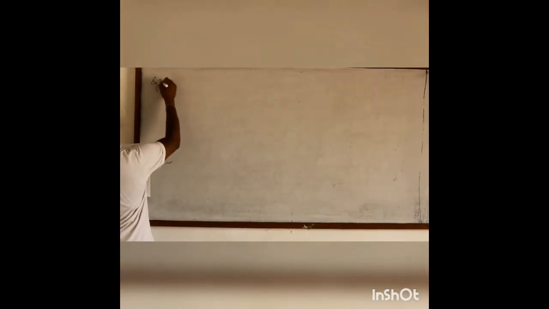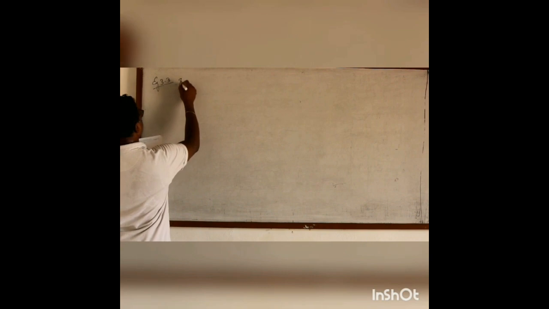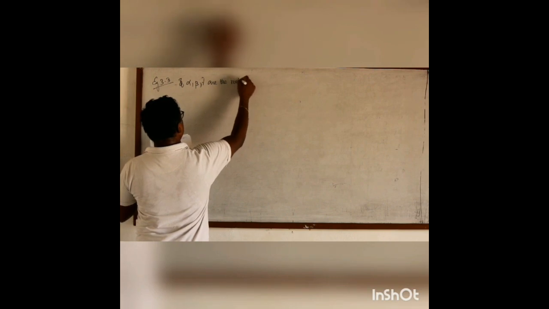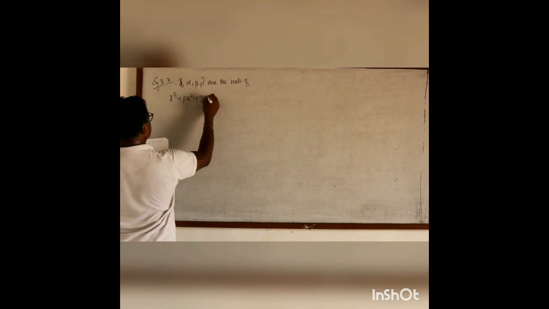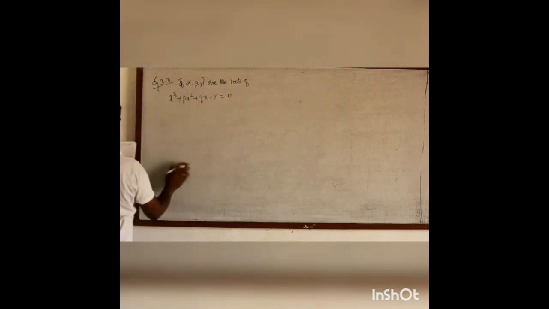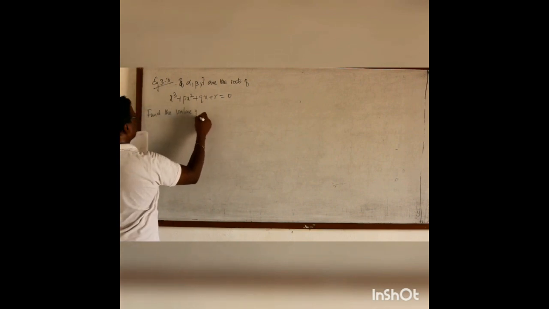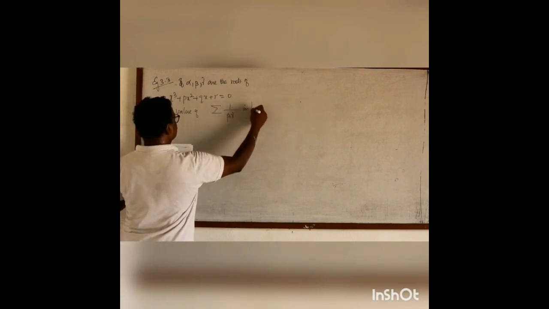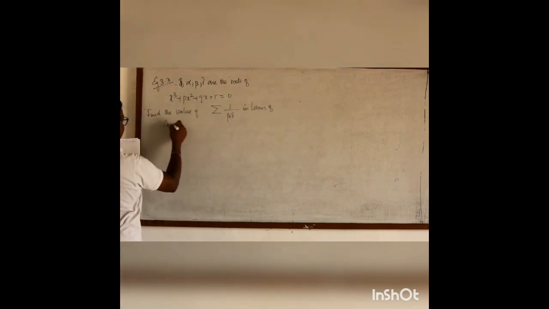Now we should go for example 3.3. If alpha, beta, gamma are the roots of x cube plus px square plus qx plus r equal to 0, find the value of sigma 1 by beta gamma in terms of coefficients.